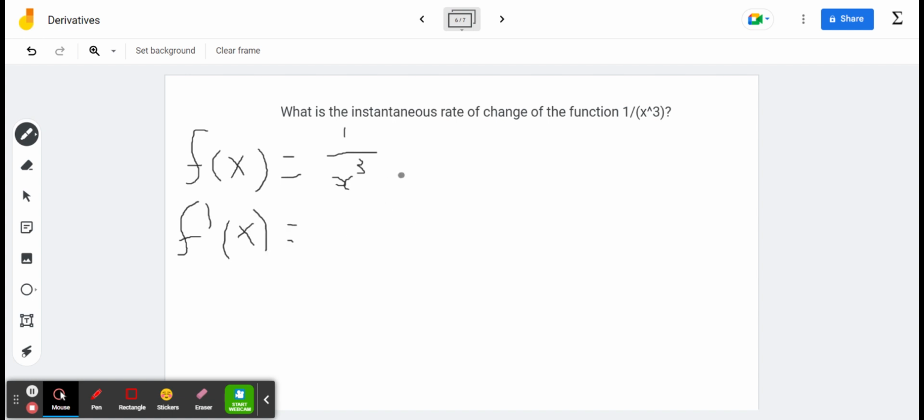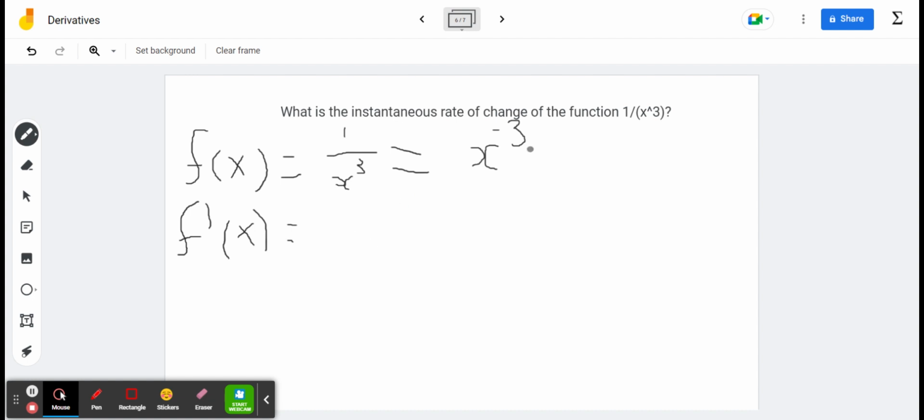So how would we do this? Let's rewrite 1 over x cubed as a negative exponent. 1 over x cubed is equal to x to the negative third power, because remember, we just take our exponent to the denominator if we have a negative exponent. So these quantities are the same.